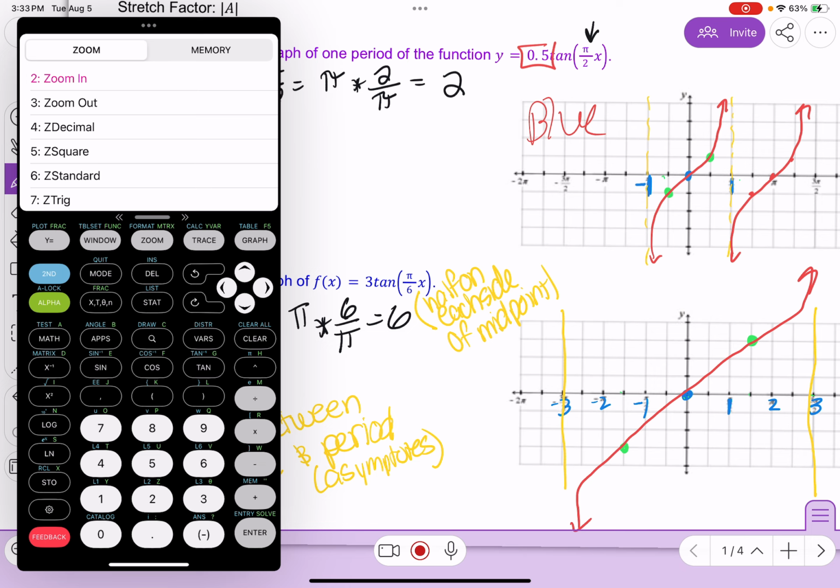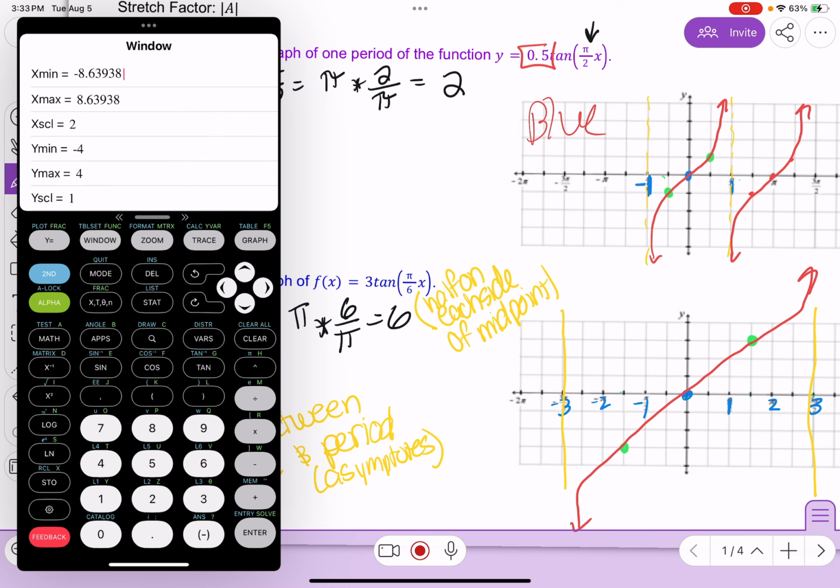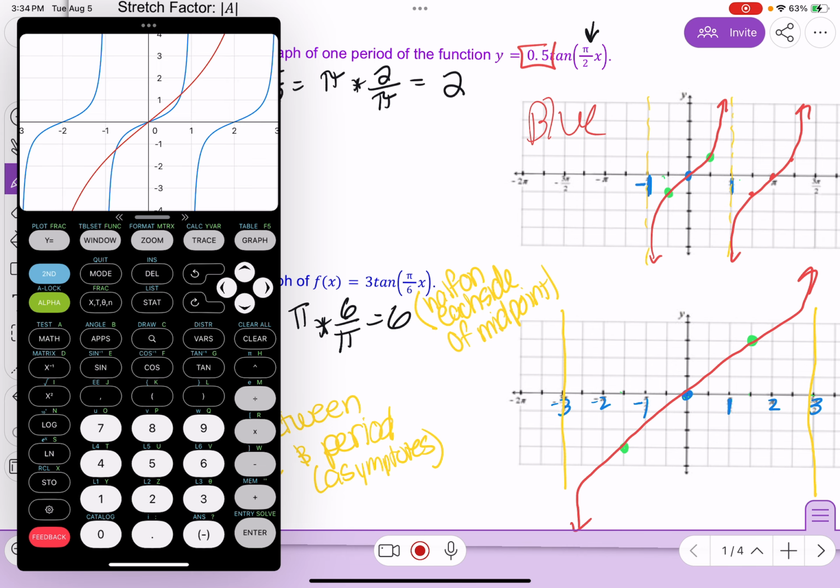And if I zoomed on this one so that my window was -3 to 3, you can see this starts to curve a little bit.